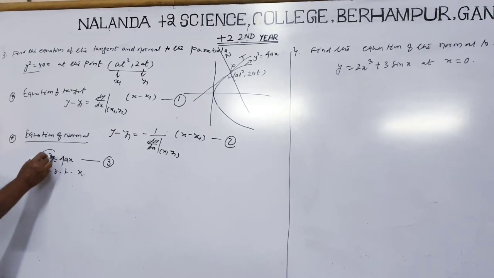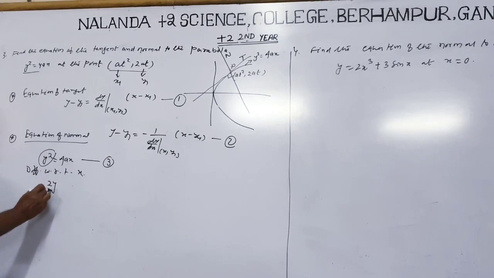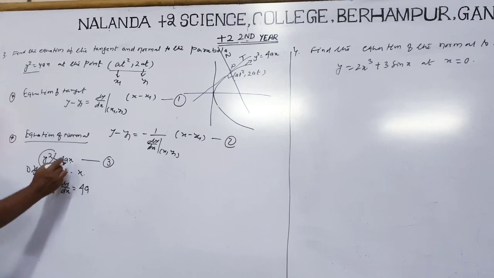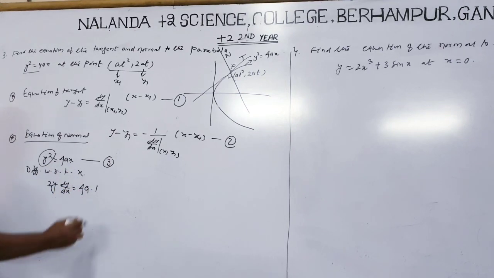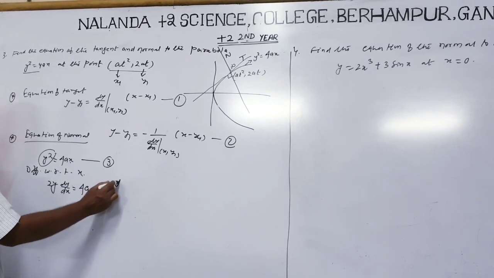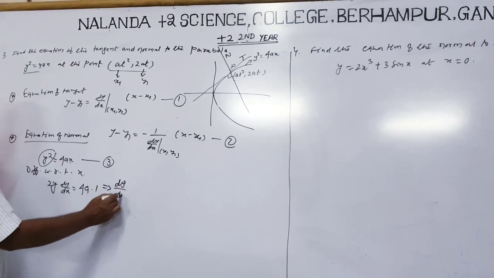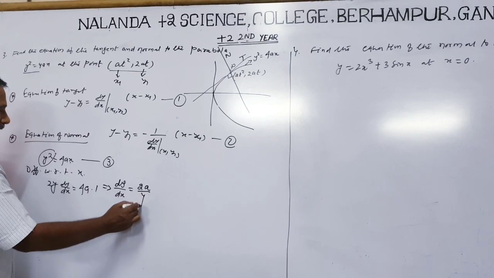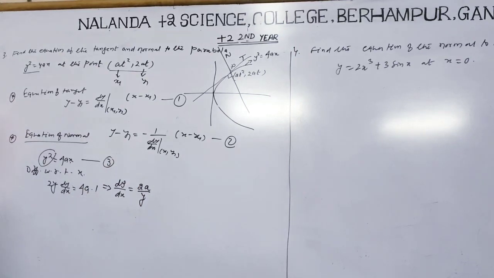What is the derivative of y square? 2y into dy by dx equals 4a. What is the derivative of x? It is 1. Or dy by dx equal to 2a by y, the 2 cancels out.